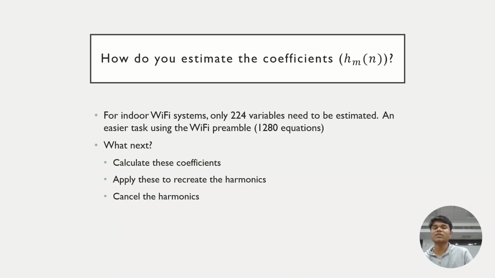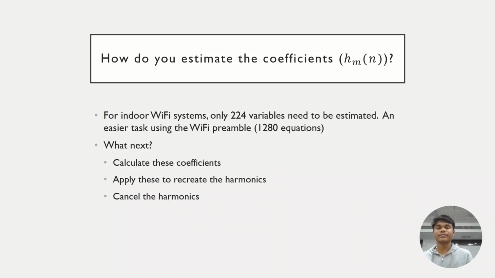So what we find out is that only 224 variables are needed to be estimated, and to estimate them we have 1280 equations, which is a big number. We can easily figure this out. Now after figuring this out, what do we do?